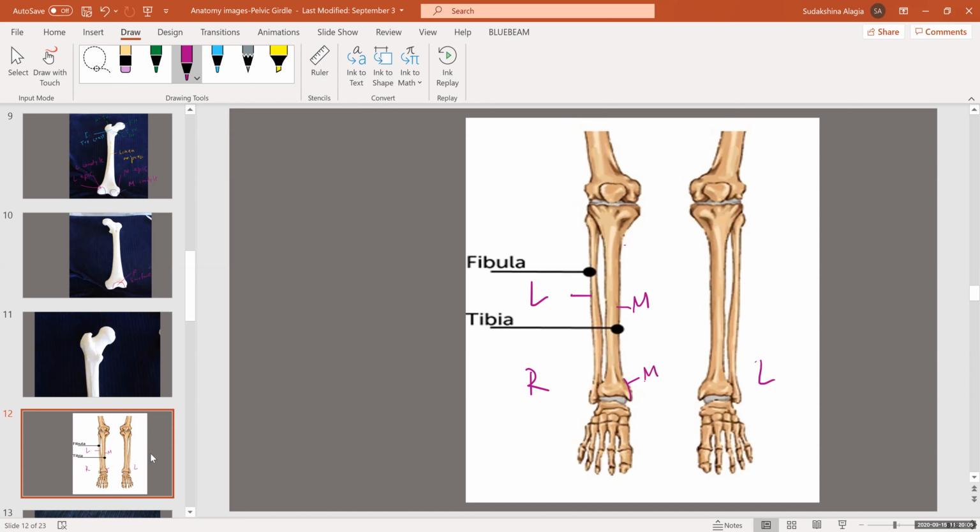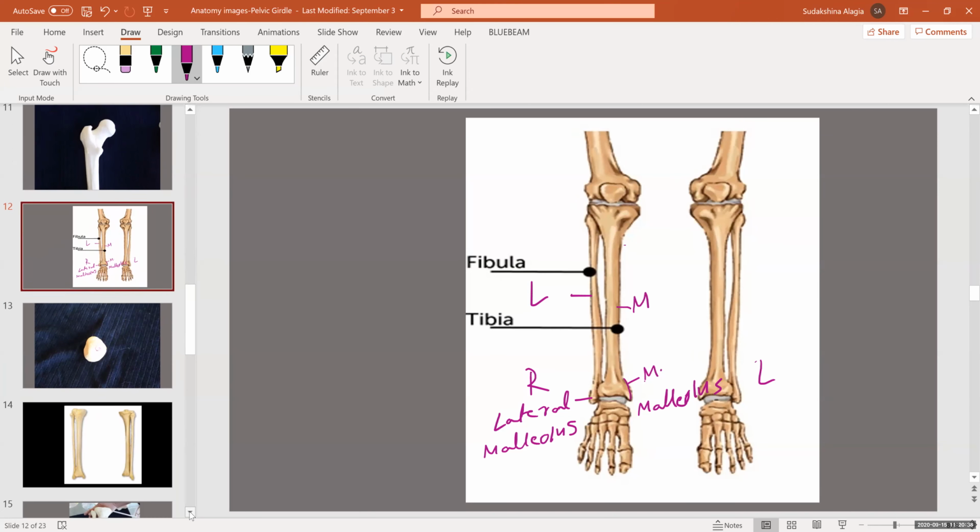So this is the medial malleolus. That makes the lateral malleolus, which is not part of the tibia, but rather the fibula. So medial malleolus, lateral malleolus, it gives you the orientation of the bone.